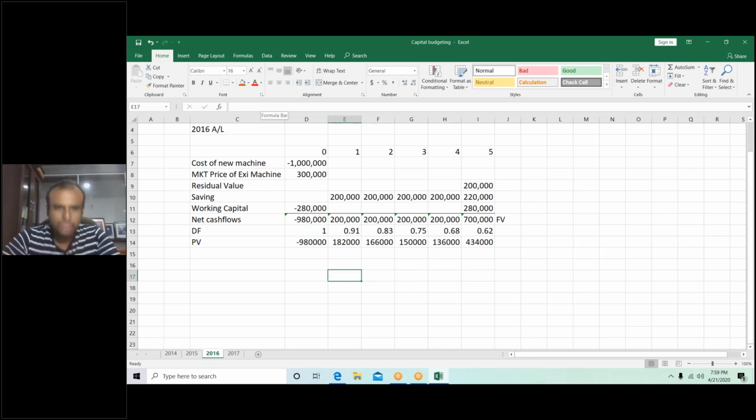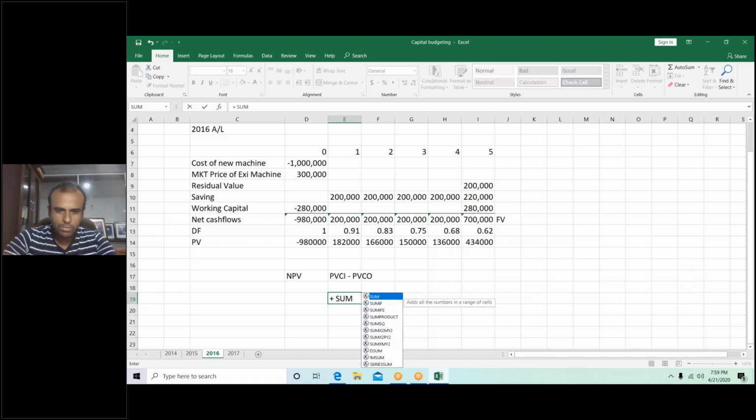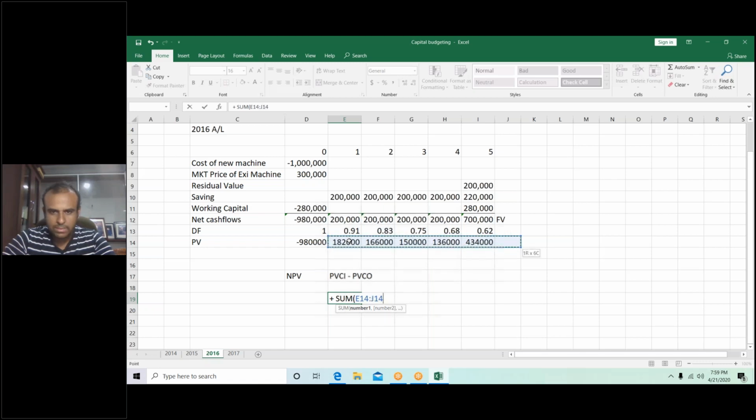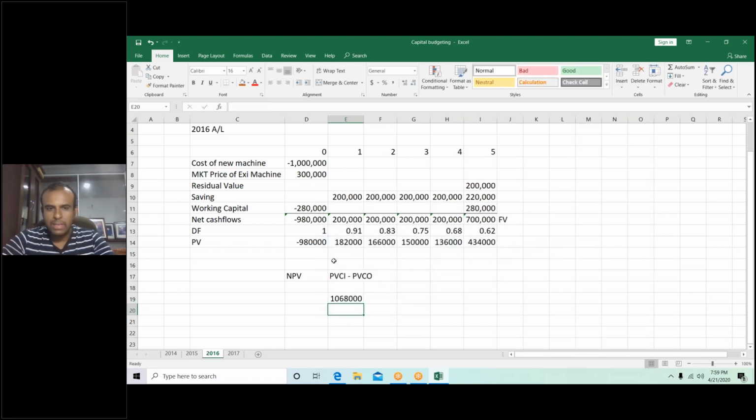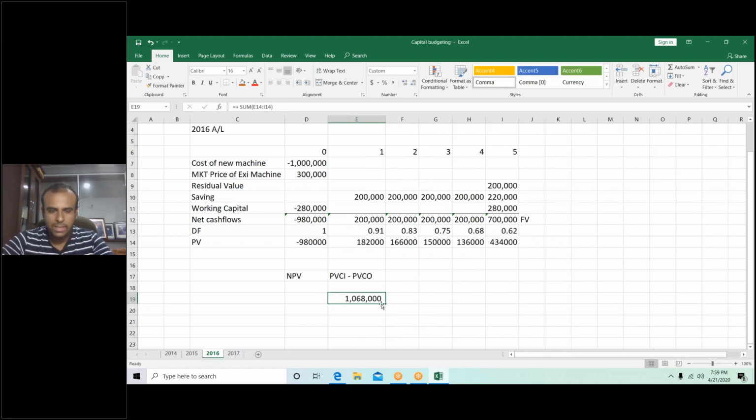Is it? Yes. Then calculate the NPV. Tell me what's the formula in calculating the NPV? Formula is present value of the cash inflows minus present value of the cash outflows. Right. How much is the present value of the cash inflows? Take the total of all the present values of the cash inflows, which is 1,068,000.